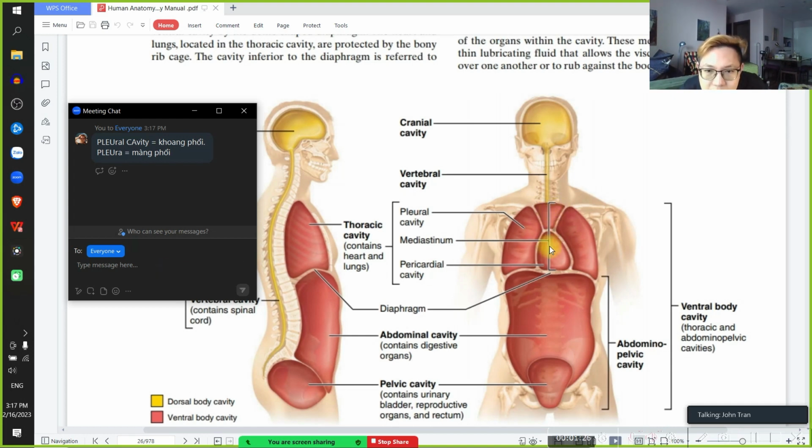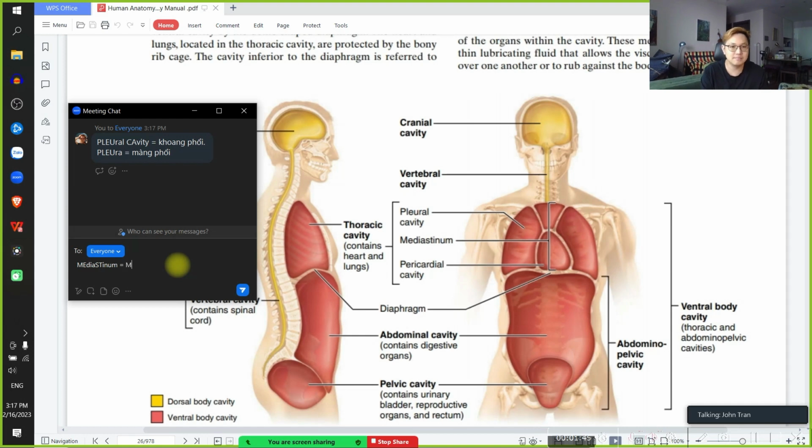And then what else do we have? Mediastinum. The mediastinum. Media means the heart, the middle. Cái tâm tức là cái trái tim nằm ở ngay giữa tâm.